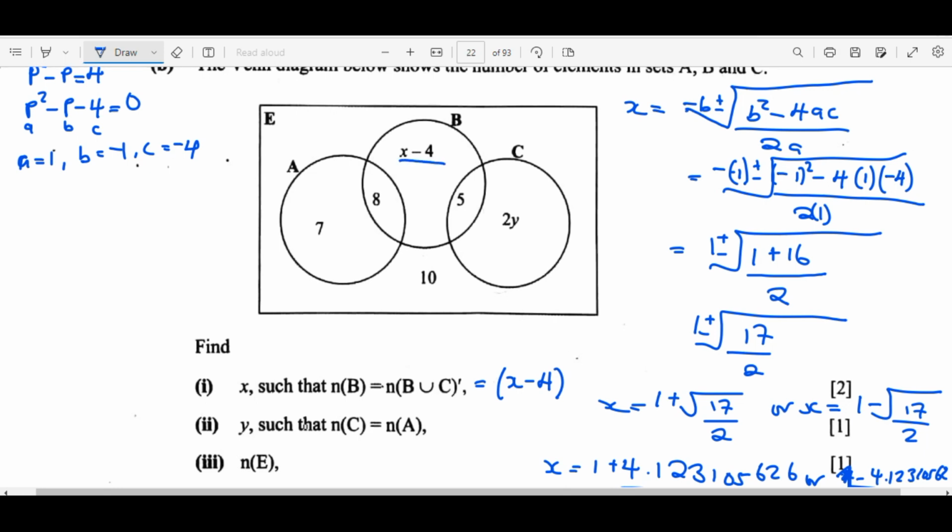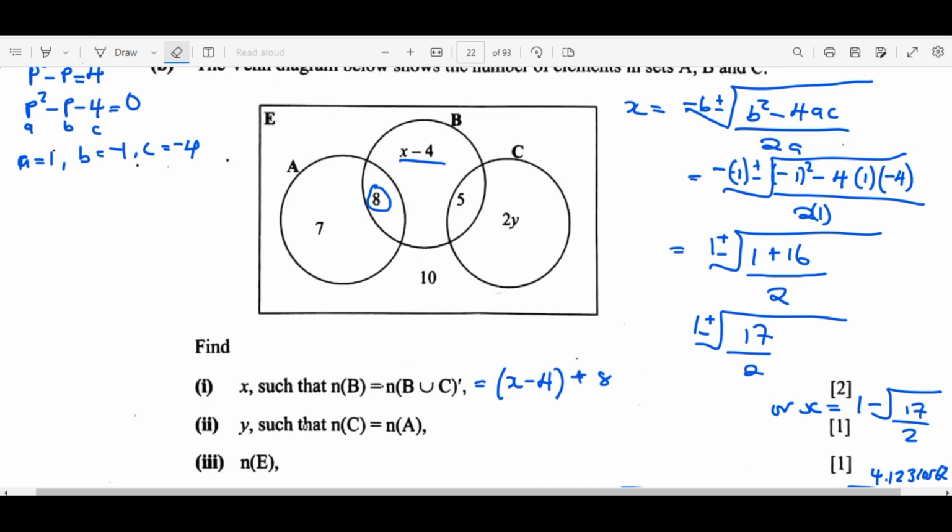And then the other thing that we have to write is this 8, so we write plus 8. So we can create some space here.